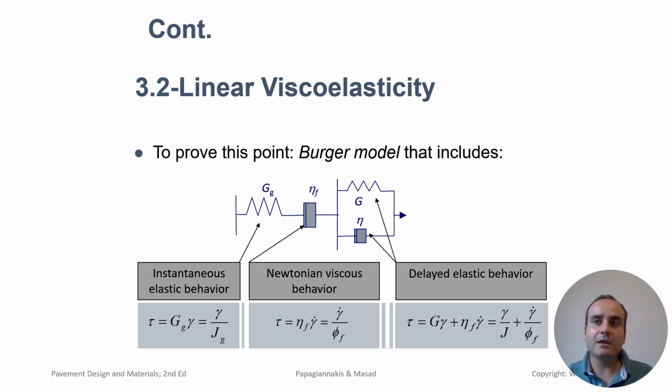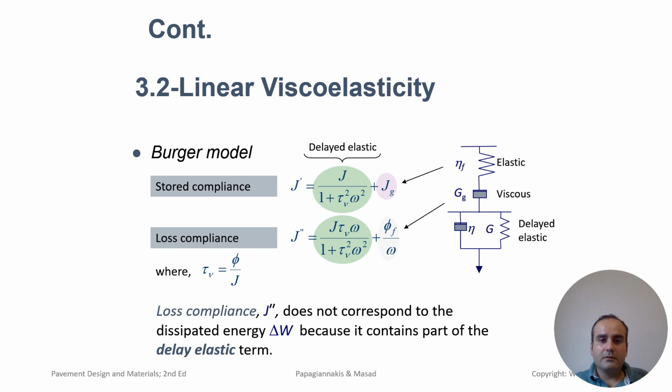This is critical for predicting time-dependent recovery and stress relaxation in asphalt. So as mentioned in the previous slide, asphalt behaves both elastically and viscously under traffic loads, making the Burger's model an ideal way to describe its response under different loading conditions.